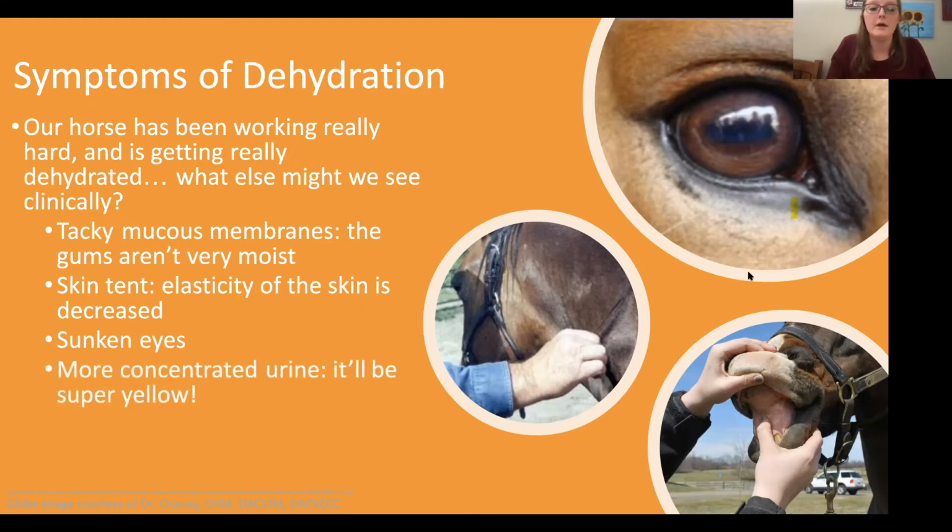And when somebody brought up kidneys earlier, I think that was Michelle, when your body recognizes that it's dehydrated, your kidneys will decrease the amount of urine you put out, because urine has fluid in it. To save the fluid in your body, your kidneys will concentrate your urine, and that will make it a really super dark yellow.